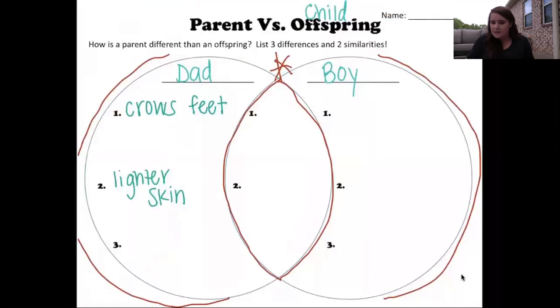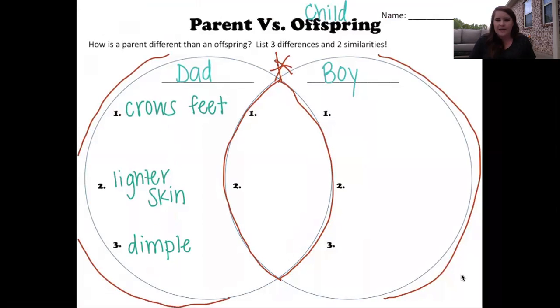So maybe we can go back and say that the dad has a dimple, a little hole when he smiles. So if we look at the dad's characteristics, he has crow's feet near his eyes. He has lighter skin than his son, and he has a dimple when he smiles.